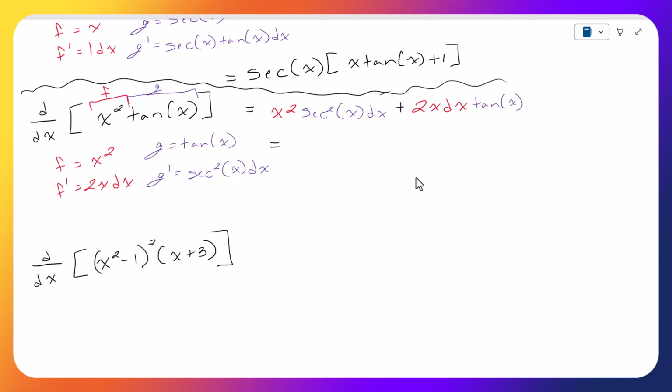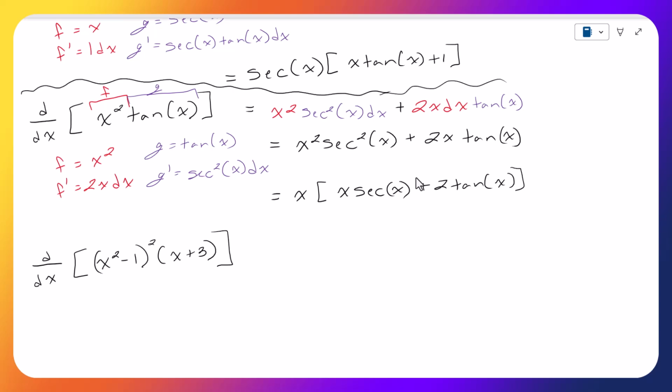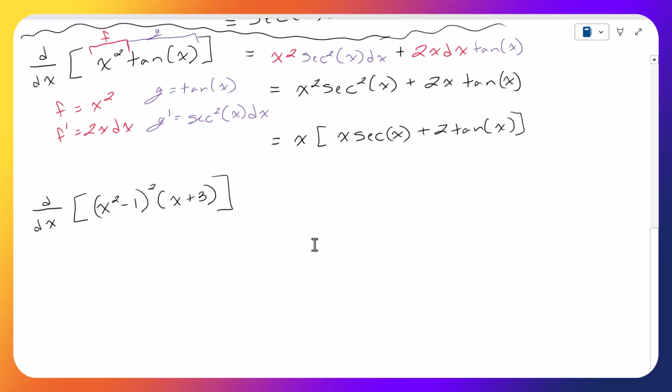And then just making it look prettier, we get x squared secant squared of x plus 2x tan of x. Again, we could ask ourselves, what's our greatest common factor in both of these? Well, we have an x, so we can factor that out. We get x secant x plus 2 tangent of x. The factoring may or may not be optional. I just want you to be exposed to it.